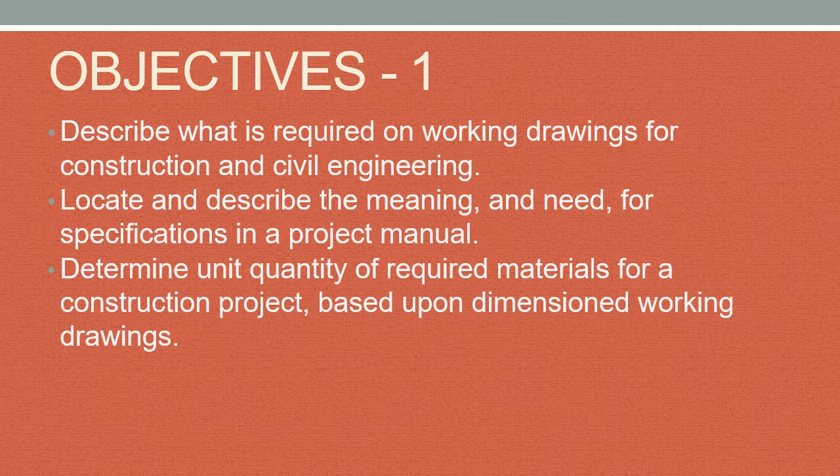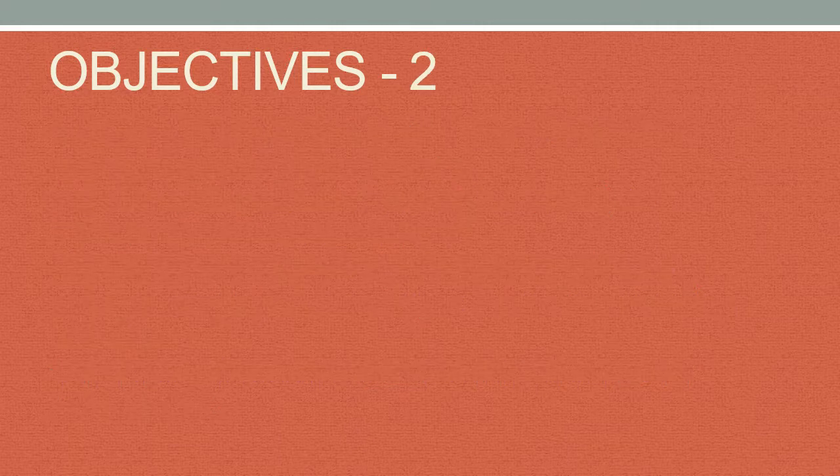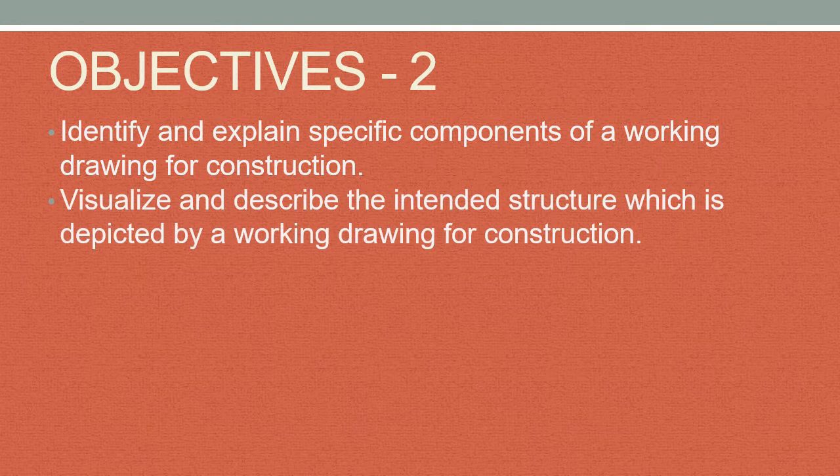Determine the unit quantity of required materials for a construction project based on those drawings. Differentiate between the different types of working drawings for construction. Identify and explain specific components of a working drawing for construction. Visualize and describe the intended structure which is depicted on that drawing.